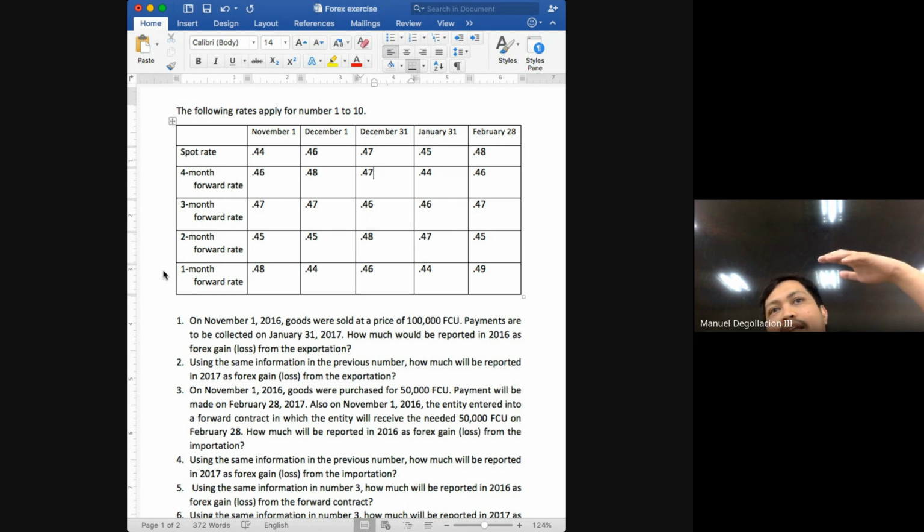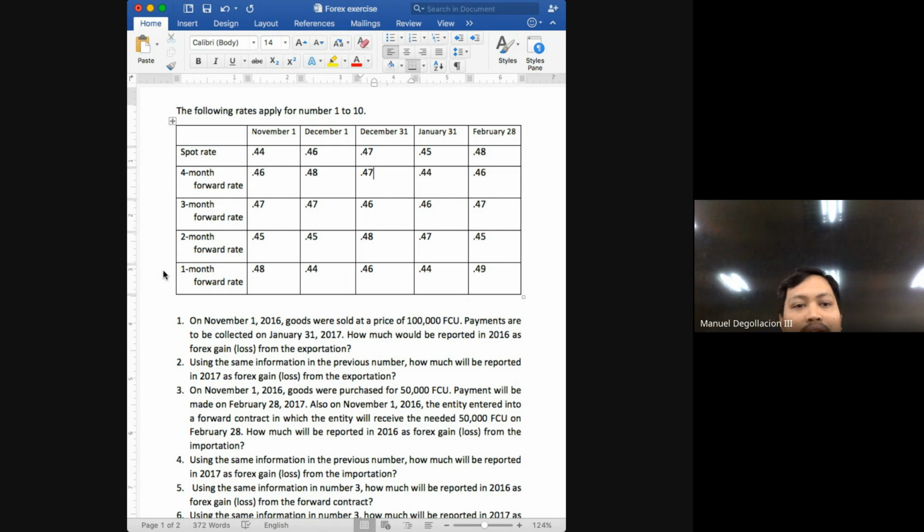So it does not mean that if you're buying something outside of the country, it will automatically require the use of accounting for foreign currency transactions. The transaction must be denominated in a foreign currency for our discussion today to be relevant. You purchase something from another country, if it is payable in a foreign currency, then that will be covered by our discussion today.